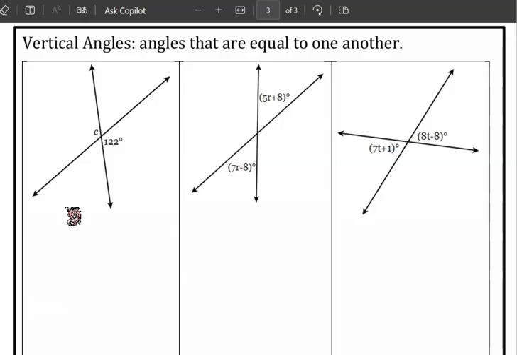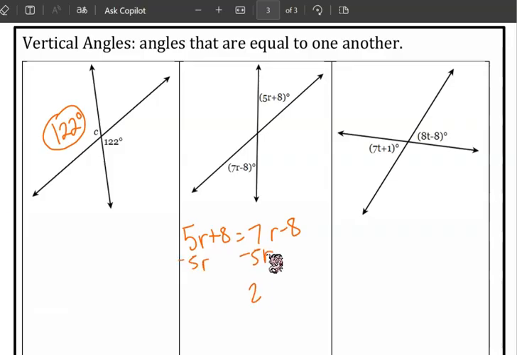Vertical angles are angles that are equal to one another. If C is equal to this angle, then C also must be 122 degrees. Let's set these equal to each other. 5r plus 8 equals 7r minus 8. Subtract 5r from each side.